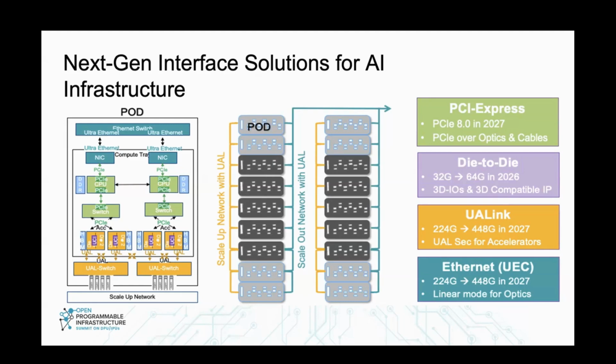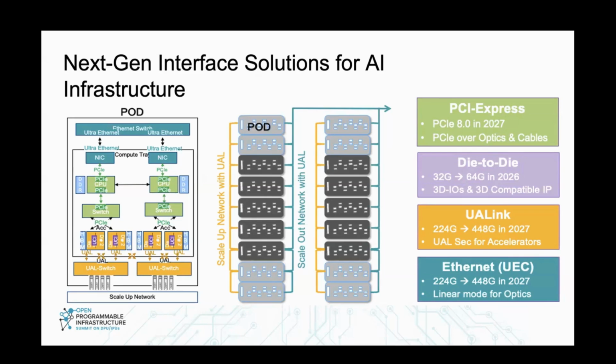If you look at the Ultra Accelerator Link and Ethernet, currently it is at 224 gigabits per second data rate, and these two standards will be moving to 448 gig by 2027. There are some additional security features also introduced into these standards.